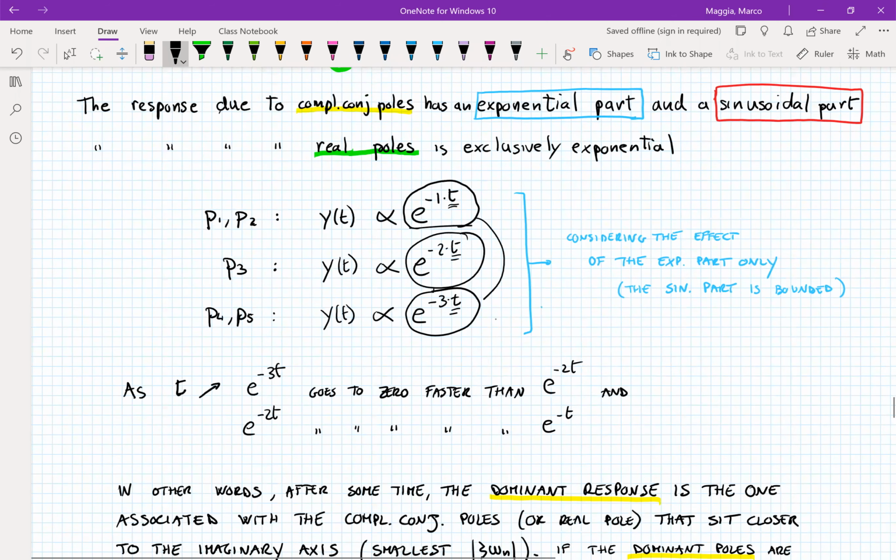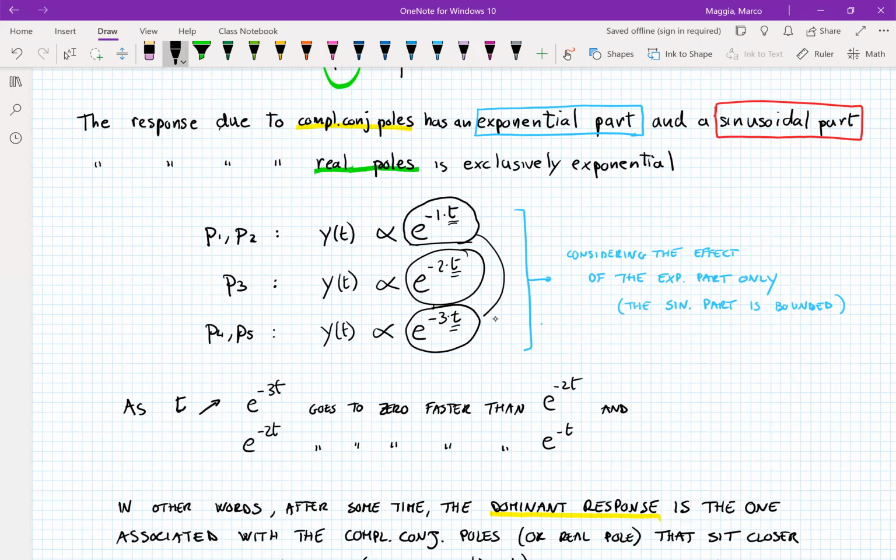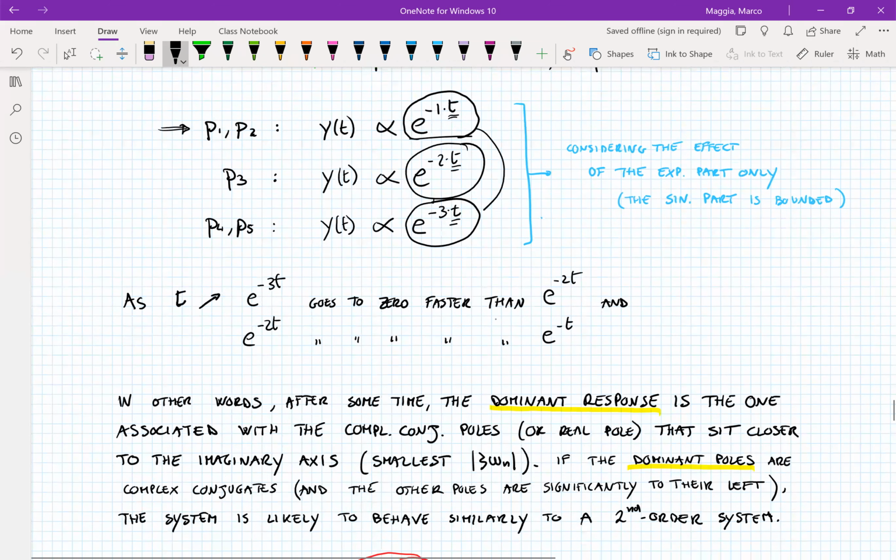In other words, the response associated with P1 and P2 after a little bit becomes dominant, because the response associated with P3, P4, and P5 has already died down. So P1 and P2 contribution to the overall response is dominant.